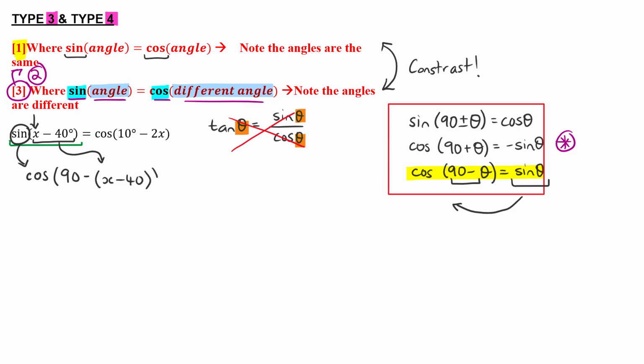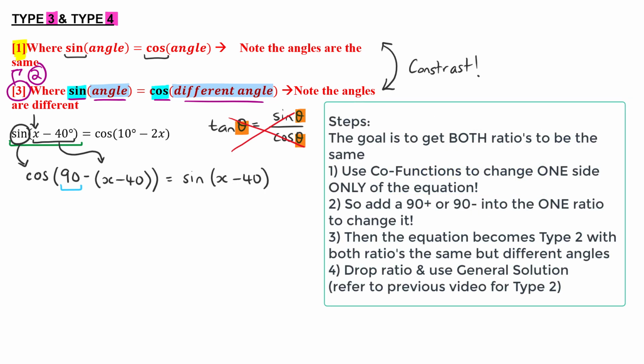40 degrees, like so. And just to prove to you that it works, if we took a co-ratio with 90 minus, it would become sine of the angle, which was x minus 40. So this and this are equivalent if we use a co-ratio. So we can swap out the left-hand side with this using a reduction.